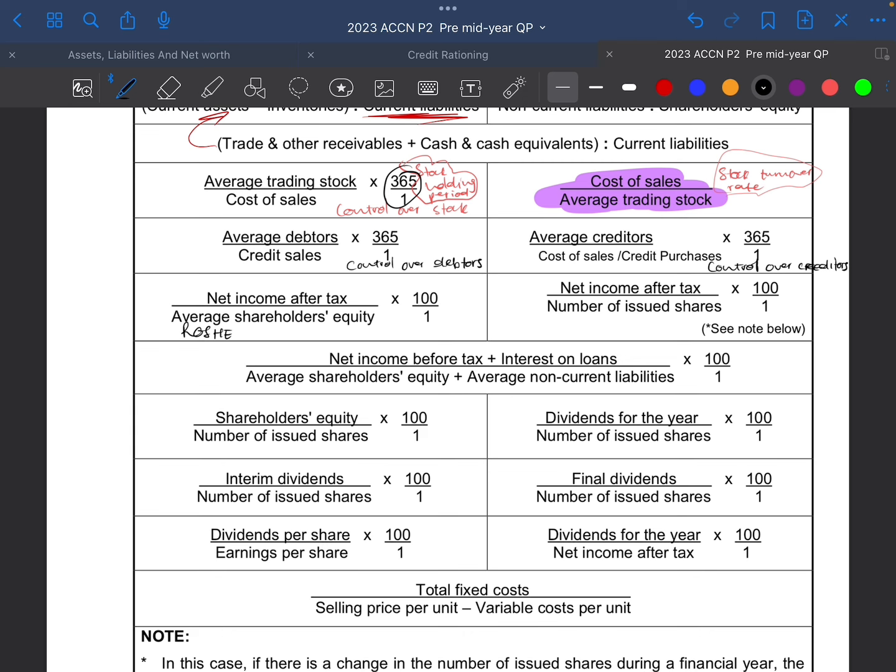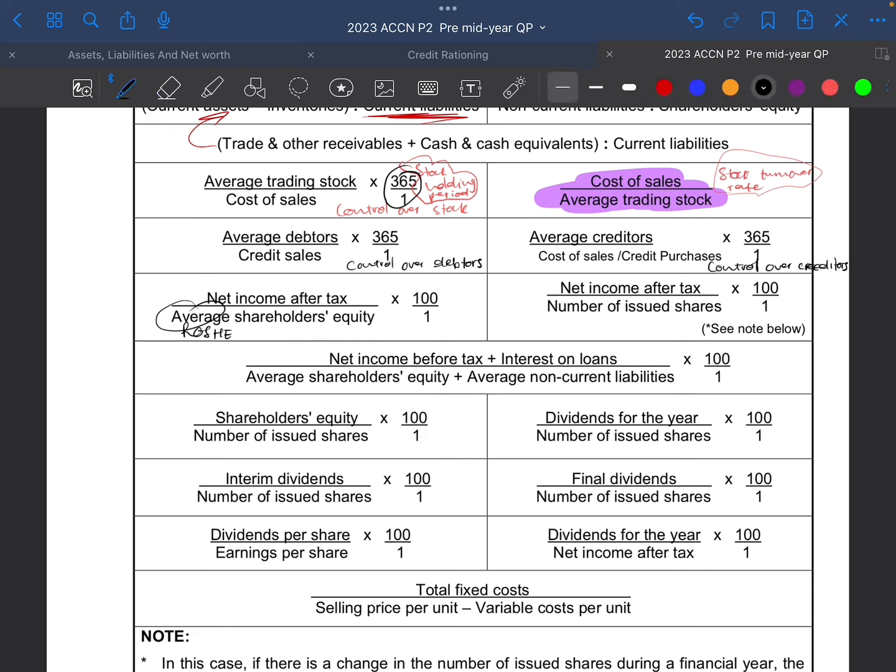All right, so this one is not really a complicated one. Net income after tax over average shareholders' equity. Whenever they say average, you know that you have to multiply by half, and then you add the two balances, one from last year and then one from this year. Okay, so that's not really a complicated one.